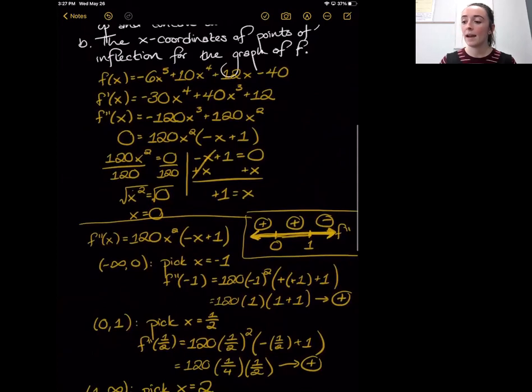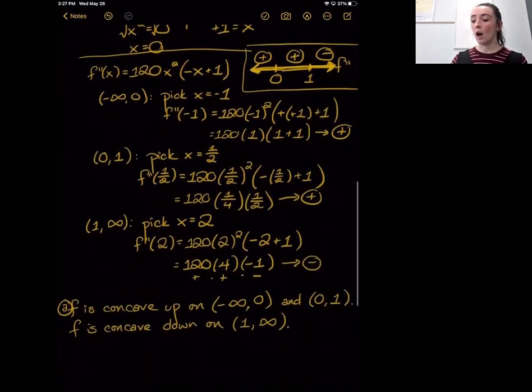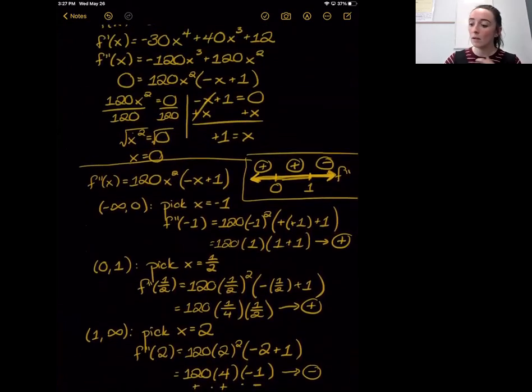Part B asked us for the x coordinates of any points of inflection. Well, we learned that an inflection point happens where f double prime is equal to 0 and where it changes sign. Well, we know from the math that we did that f double prime is equal to 0 at x equals 0 and x equals positive 1.